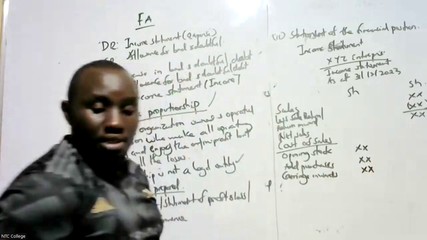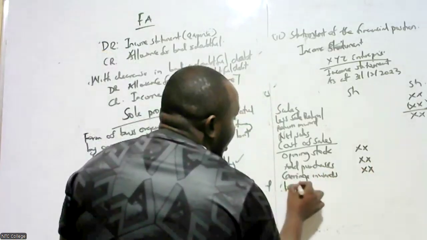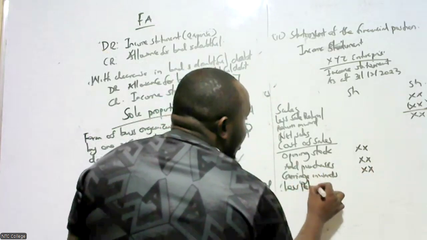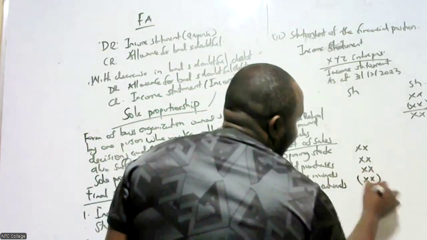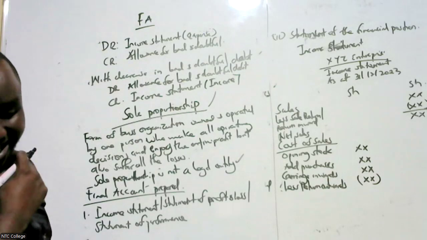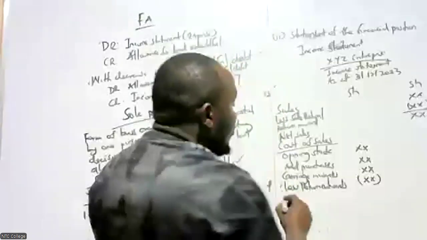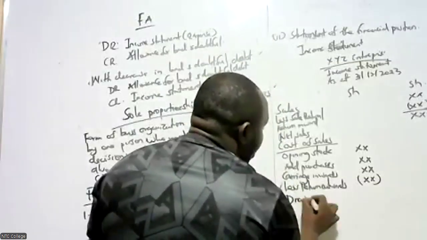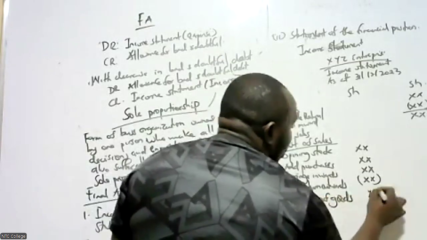We have less return outwards. The other name for return outwards is purchases return. And then you can also less what you call drawing of goods.